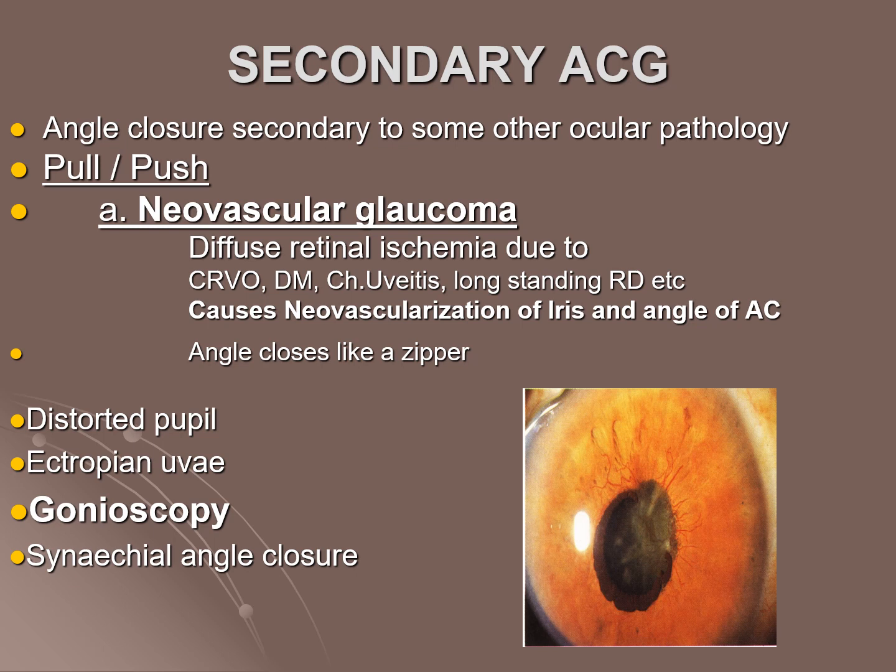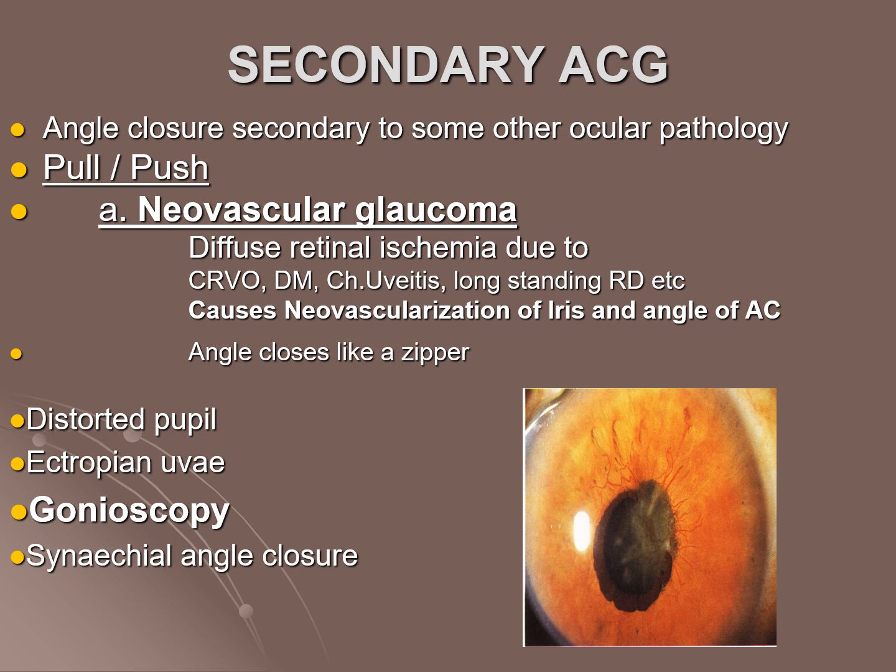In secondary acute congestive glaucoma, the pull and push method is there. Angle closure is secondary to some other ocular pathology, as in neovascular glaucoma. Diffuse retinal ischemia occurs in central retinal vein occlusion, and neovascularization in diabetes mellitus, chronic uveitis, and long-standing retinal detachments.